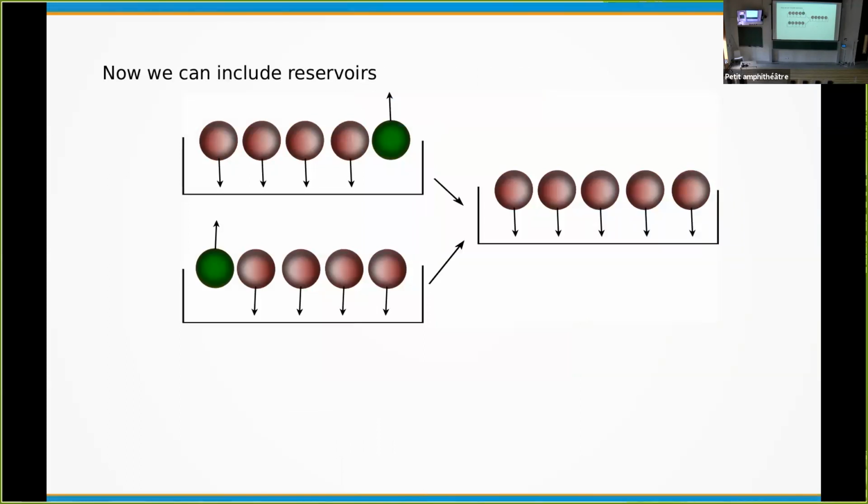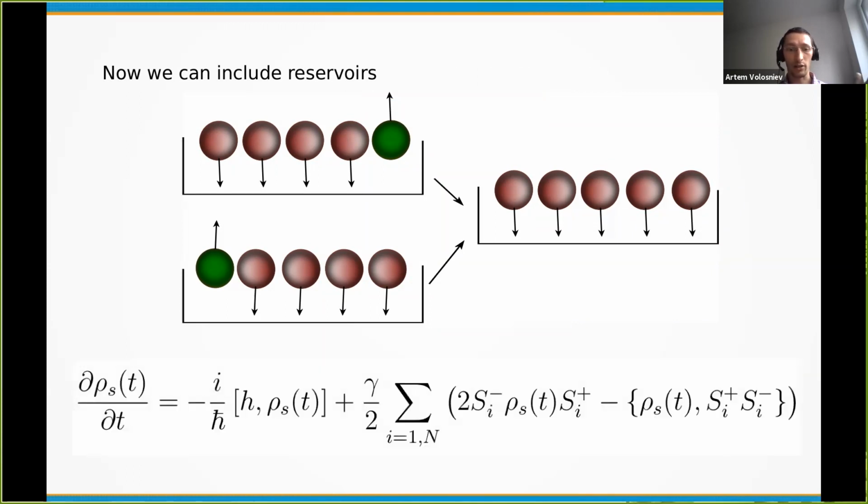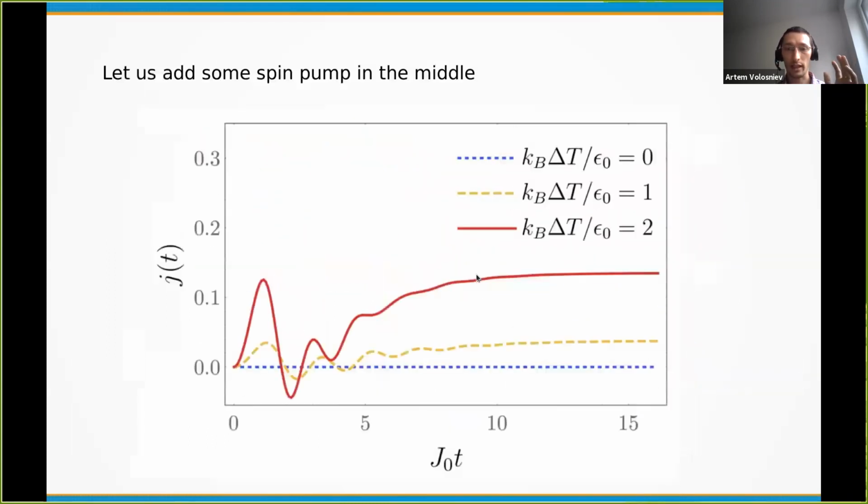All right, so I don't have that much time left, so I will just briefly say that in principle, one could include reservoirs using density matrices like the Lindblad master equation. So one could do something like that. And then one could even introduce a spin pump in the middle, and then study steady state.